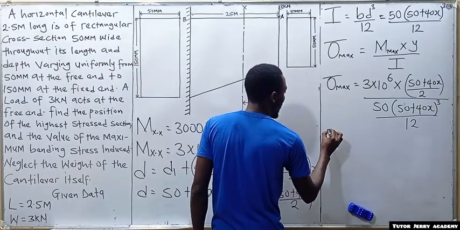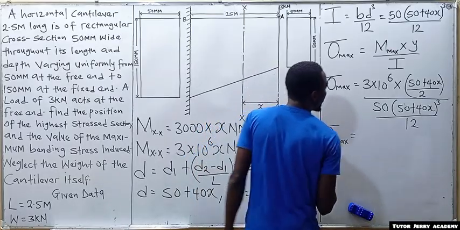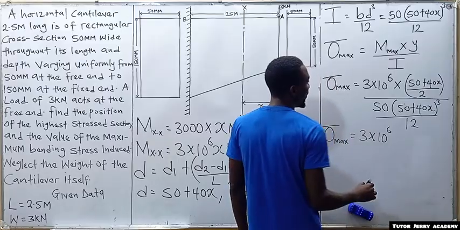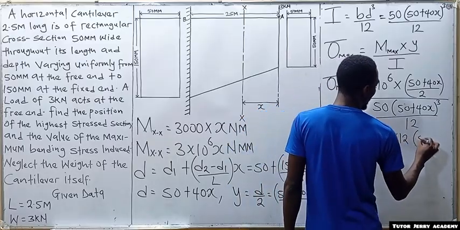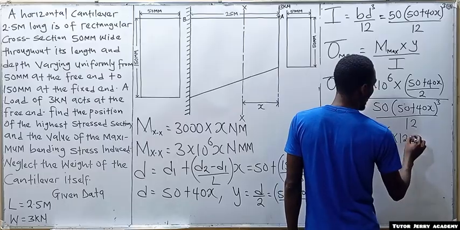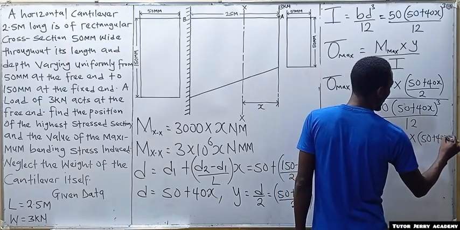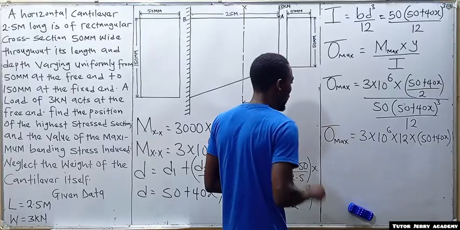All right. So our maximum stress will be equals to 3 multiplied by 10 to the power of 6 multiplied by 12 into 50 multiplied by 50 plus 40s. All right. So that's what we are going to have there. All right.